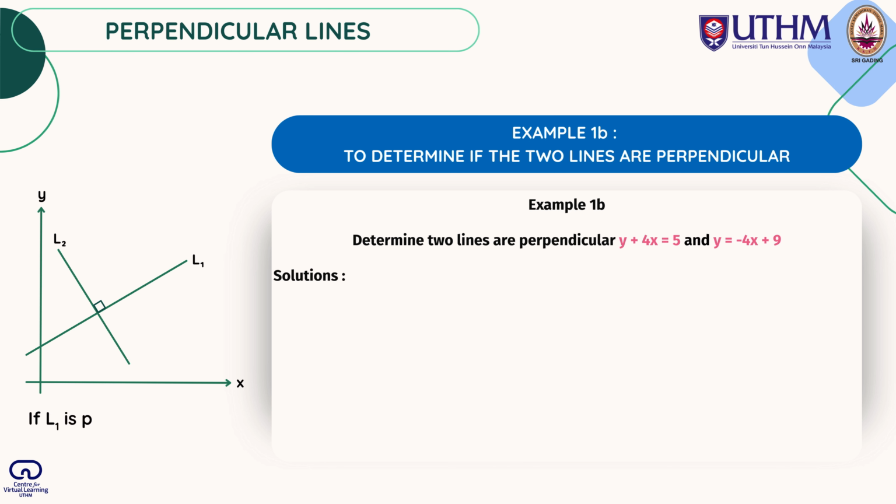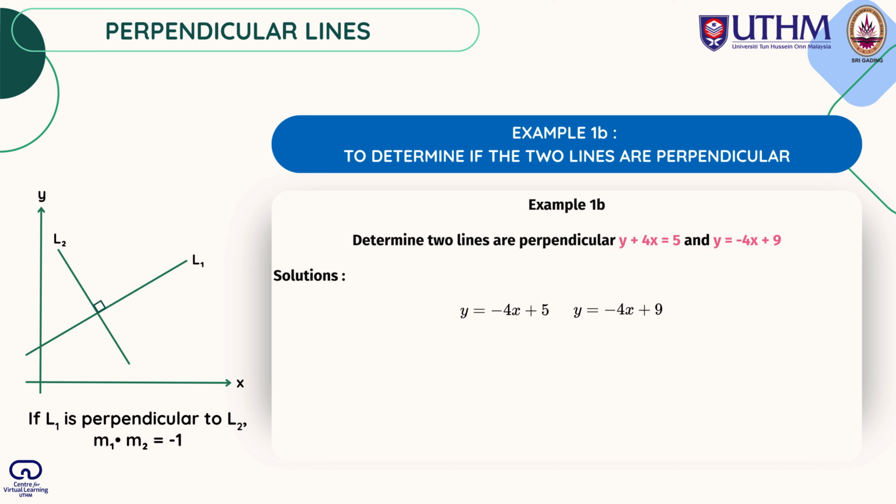Example 1b. Given y plus 4x equals 5 and y equals -4x plus 9. Step 1. Convert the first line into gradient form, and this gives us y equals -4x plus 5.